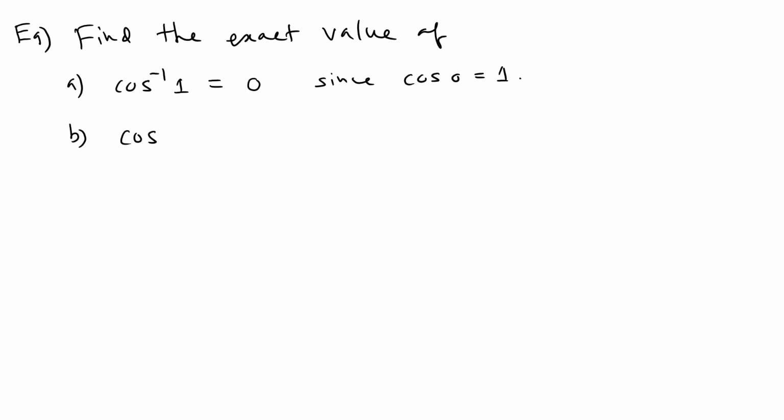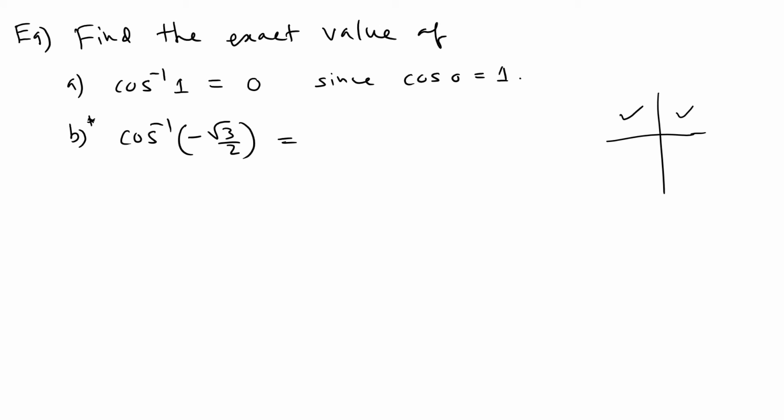Let's say cosine inverse of negative square root 3 over 2. When you get a negative value, it's not a positive value, it's a negative value. So we are looking for the angle only in these two domains.